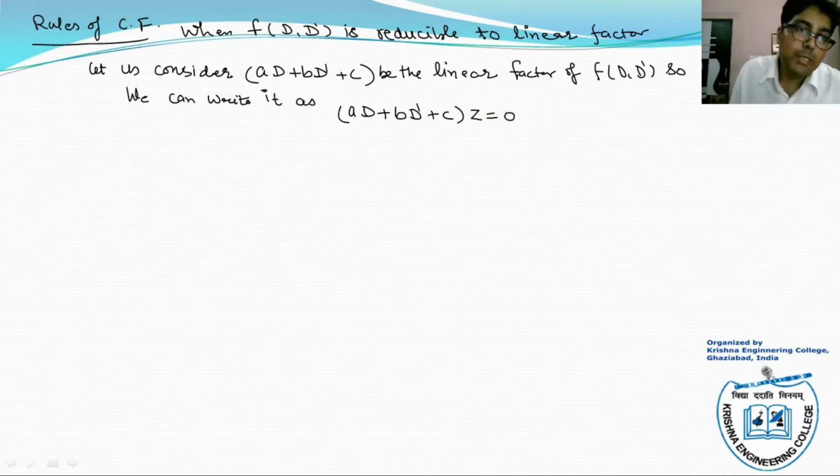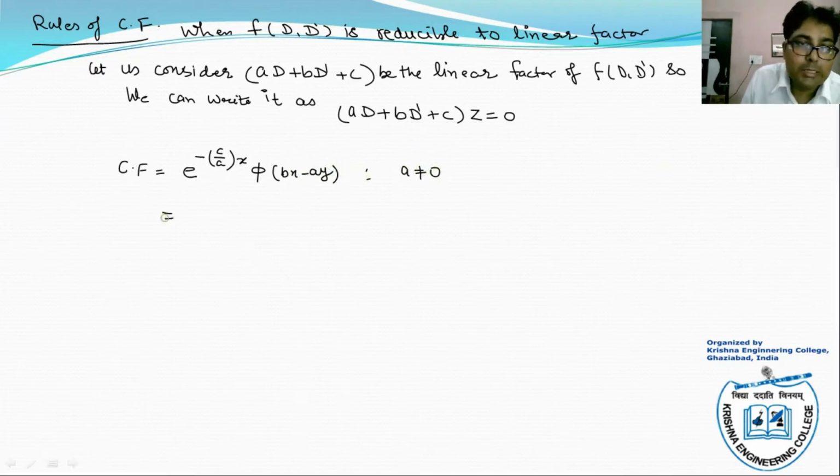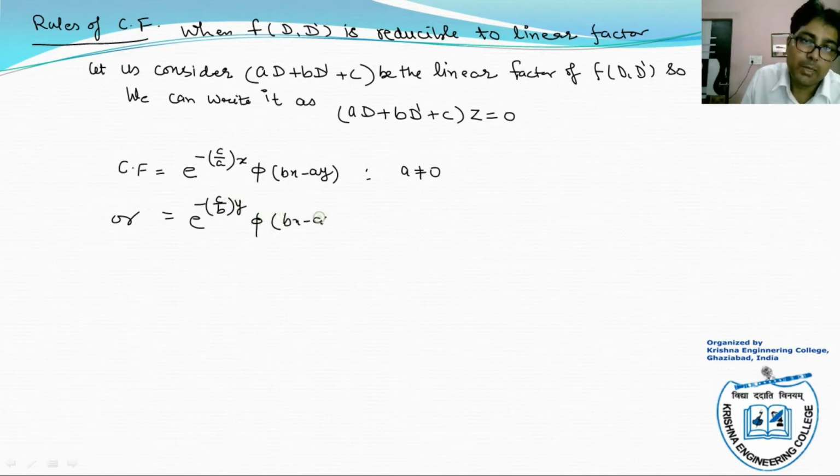Then CF in this case is e^(-c/a x) φ(bx - ay) when a is not equal to 0. If a is equal to 0, then CF is e^(-c/b y) φ(bx - ay) when b is not equal to 0.